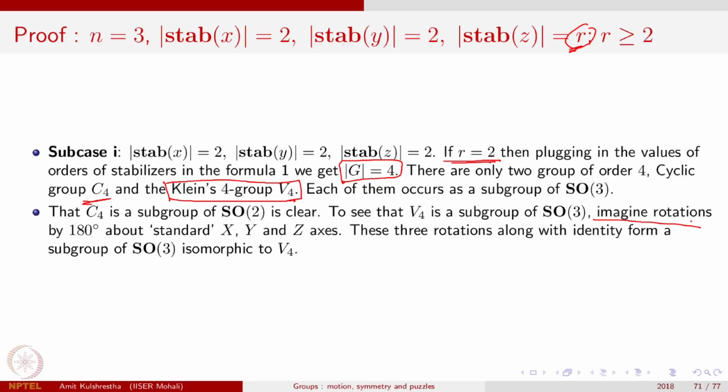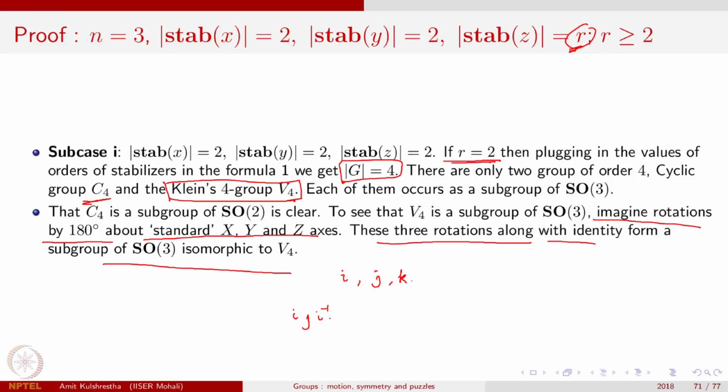So imagine rotations by 180 degrees about the standard x, y and z axes. These rotations, along with the identity, form a subgroup of SO3 which is isomorphic to V4. In fact, you can think in terms of quaternions, because rotations will be in terms of i, j, k, and you can think of i, j, i inverse.